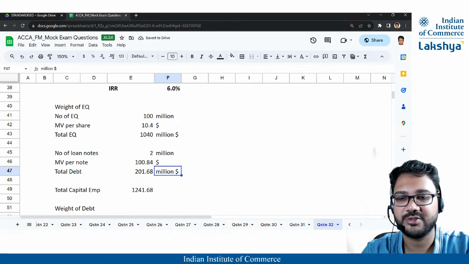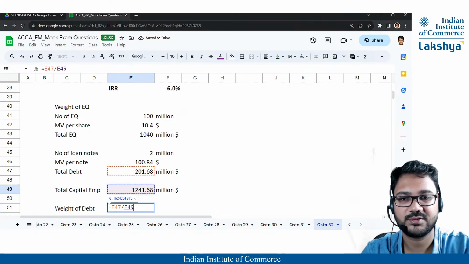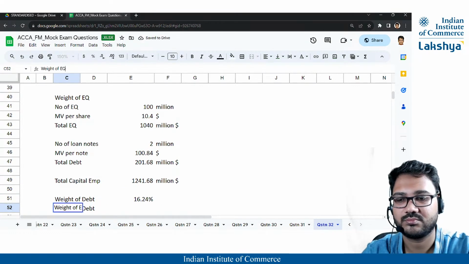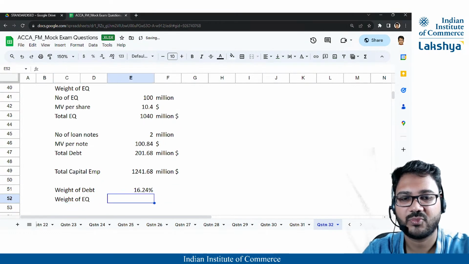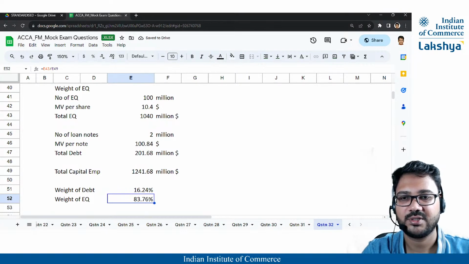Okay, that many $ million. So weight of debt will be this divided by this. Okay, so 16%, and weight of equity will be this divided by this. That is the balance, 83.76.